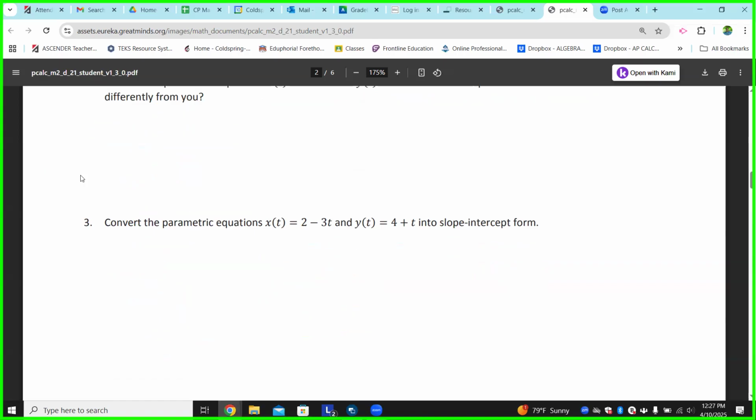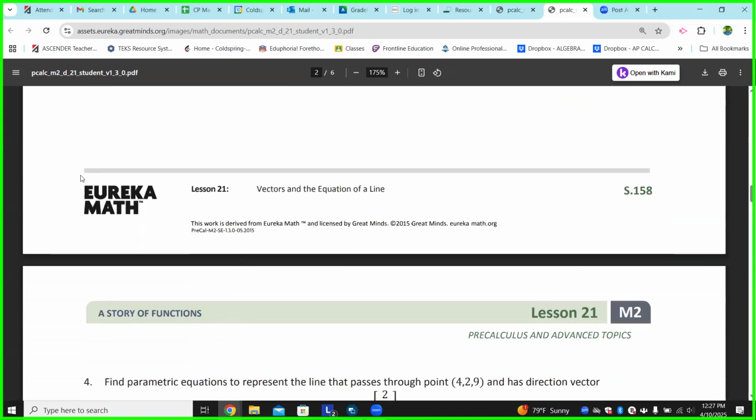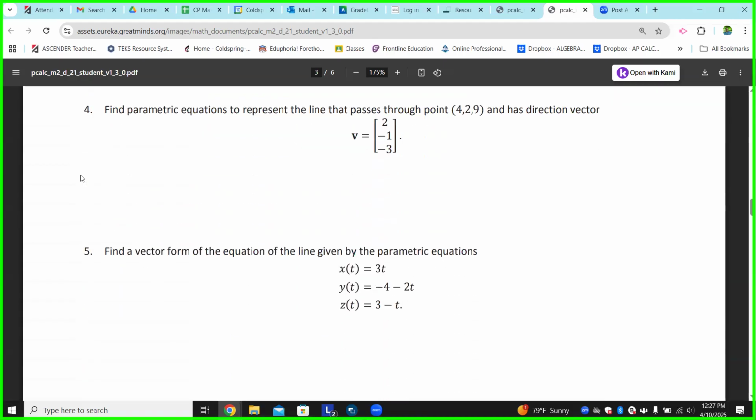Information can be expressed to you differently, and it can be expressed to you in 3 dimensions. So on 4 and 5, you're presented with this information. You are asked to write out the parametric equation given a point in 3-dimensional space and given a 3-dimensional vector.